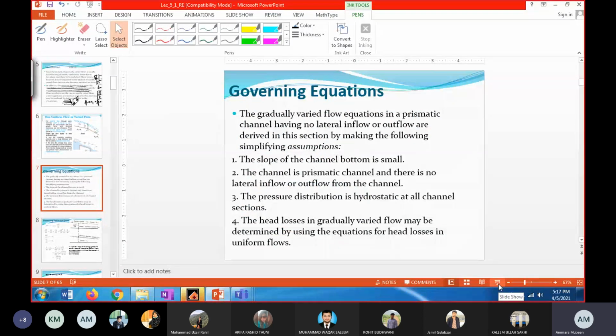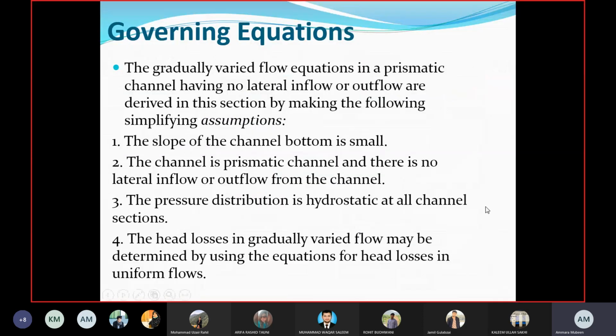Okay, let's move to the assumptions of the governing equation, which we shall be using to compute the water surface profile. Actually, you will be making the water surface profile. Do you know about the water surface profile? What is it? In that profile, you just show the relationship between distance and depth.